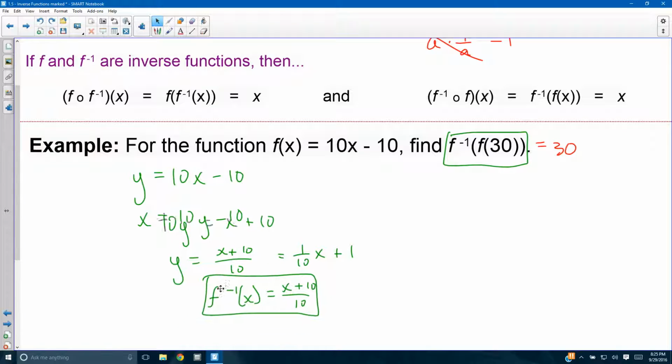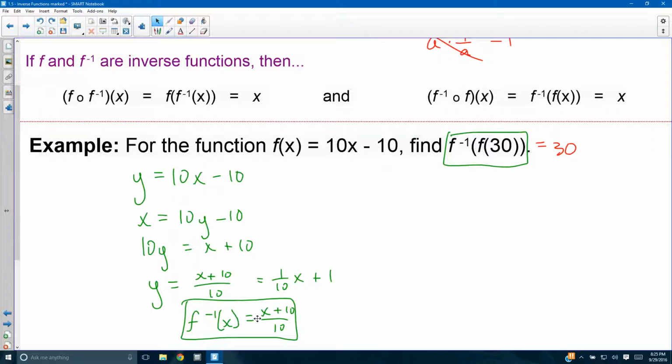Okay, I'm going to take my inverse function there and make sure that I use that for whatever I find f of 30 to be. So I can go ahead and take the f of 30. F of 30 is 10 times 30 minus 10, which is 300 minus 10, which is 290.